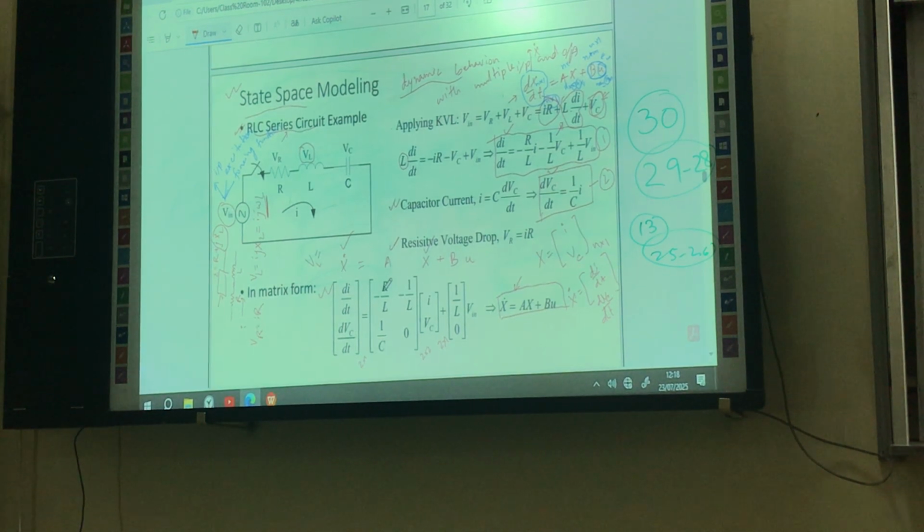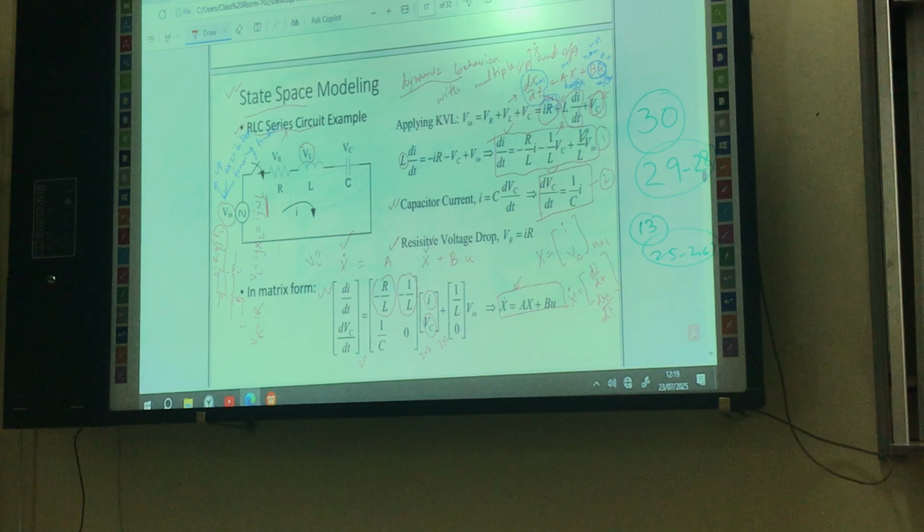That means this first element will be multiplied with this I. So you have to place here minus R by L, so that you get minus R by L times I. Then plus this term multiplied by this, right? That is minus 1 by L times VC. So you have to write here minus 1 by L, and multiplied by VC, you will get minus 1 by L times VC, right?